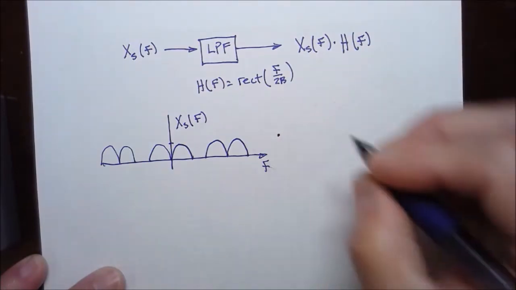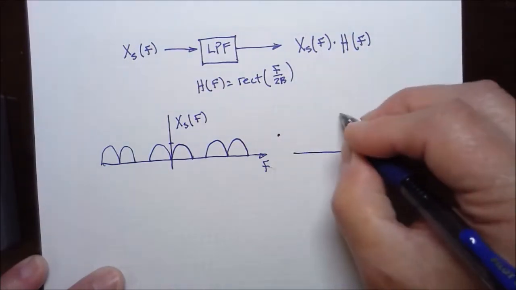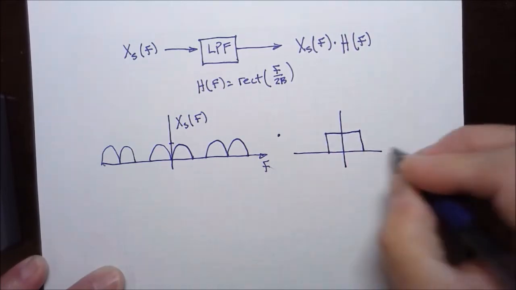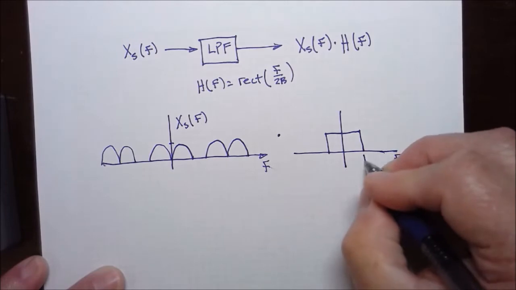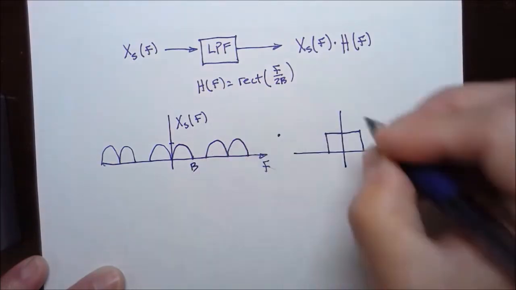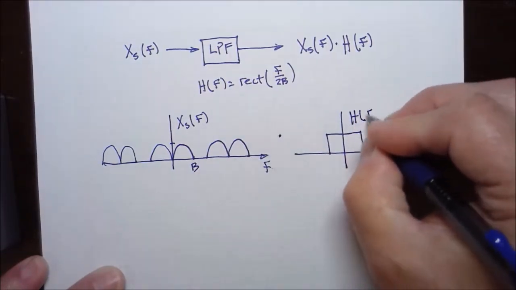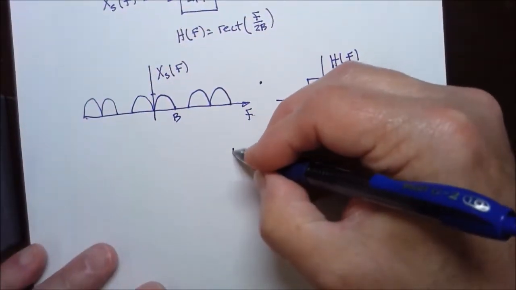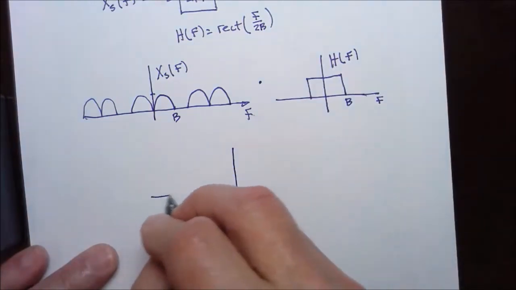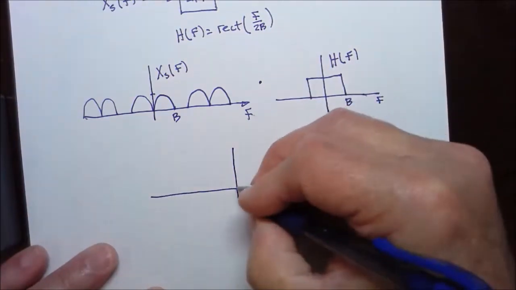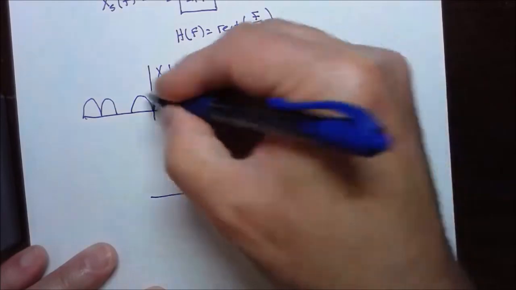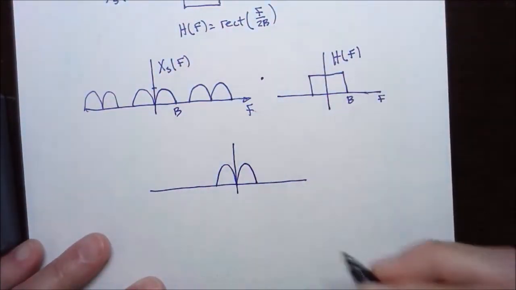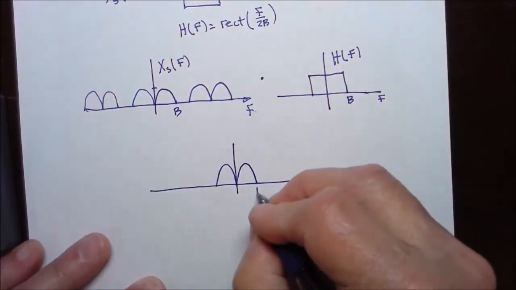And now this is going to be multiplied by the transfer function of a low pass filter, and the result of this multiplication is going to be the center replica of this spectrum.